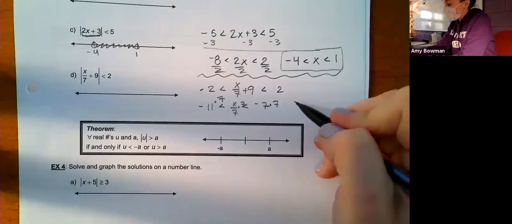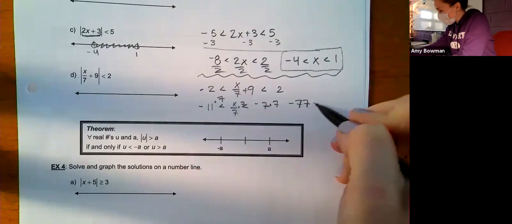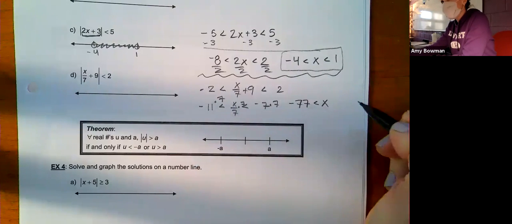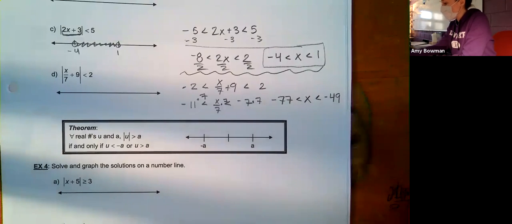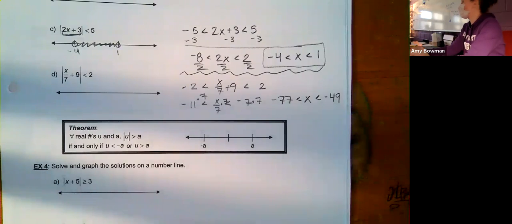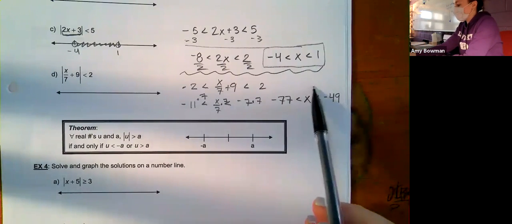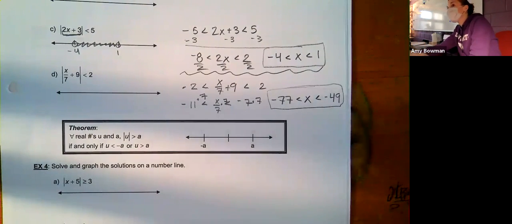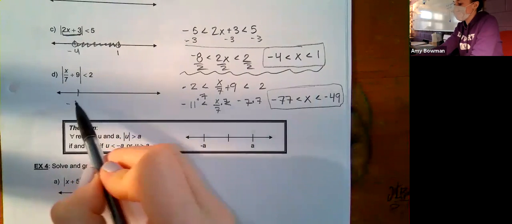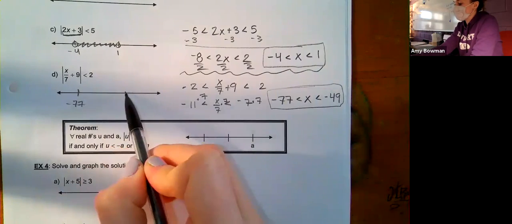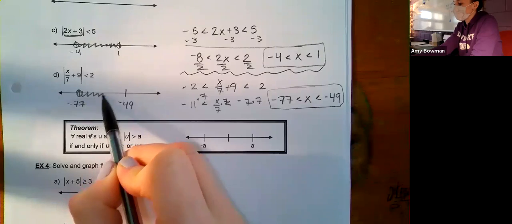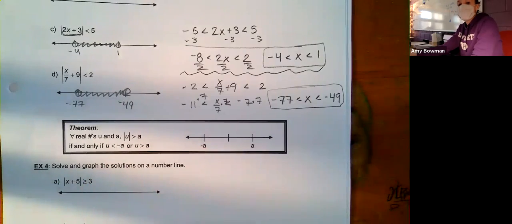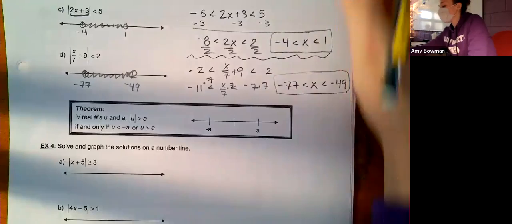So we end up with a solution -77 is less than x is less than -49. And that should still make sense. Those numbers should still be least to greatest. So our solutions are between those two values, -77 to -49. It was strictly less than again, so everything in between with the open circles.